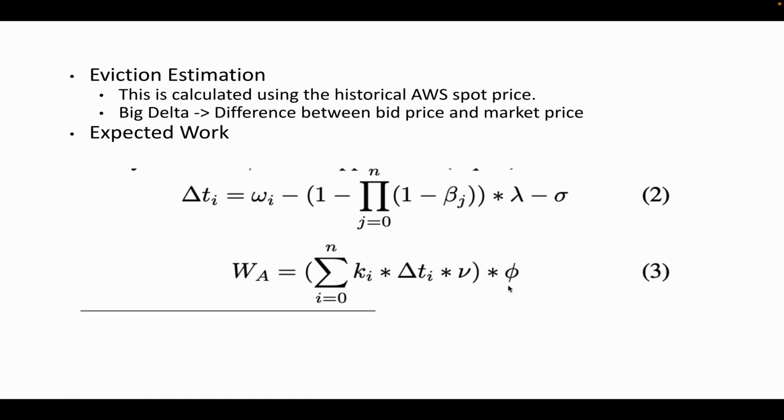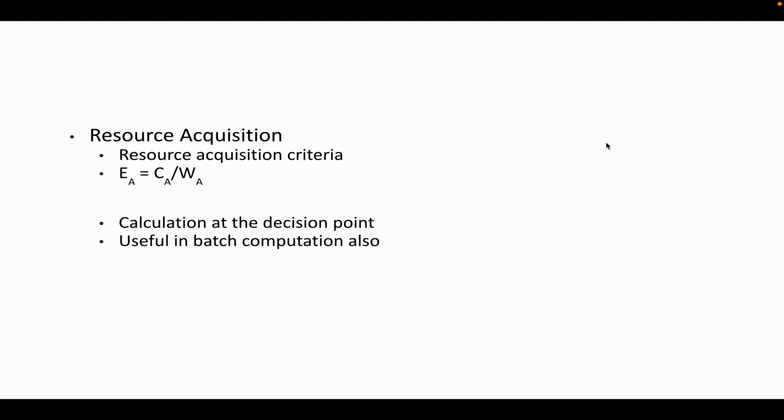That denotes how efficiently the application will scale resource acquisition based on a criterion, that is, if the expected cost per work is lower than the current expected cost per work. So this is a formula to calculate the expected cost per work.